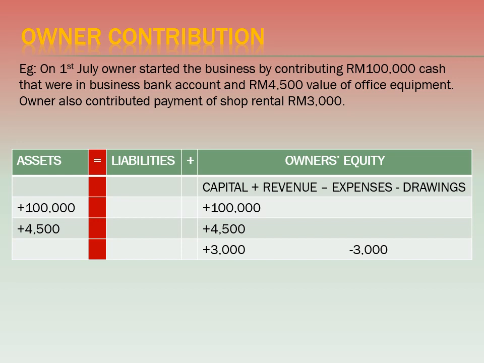However, if the amount does not cross the red equal line, one item will have a plus sign and another one, the 3,000, a minus symbol. So plus minus becomes 0, right? So your equation will be balanced.